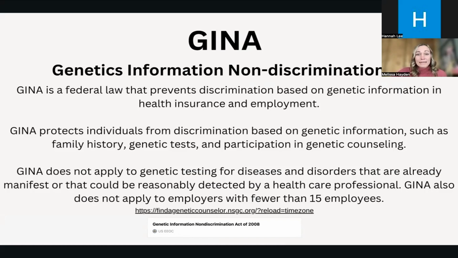GINA protects individuals from discrimination based on their genetic information in two key areas: health insurance and employment. This means that employers and health insurers cannot use genetic test results, family history, or even participation in genetic counseling as a basis for making decisions about employment or insurance coverage.